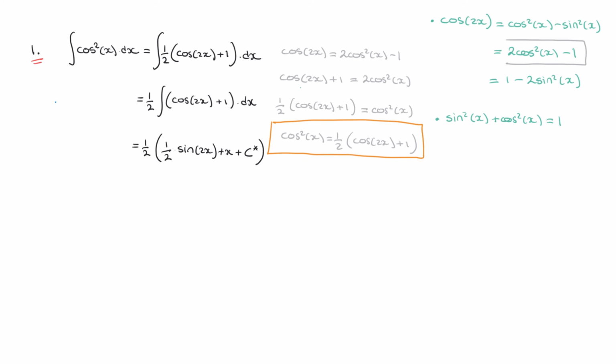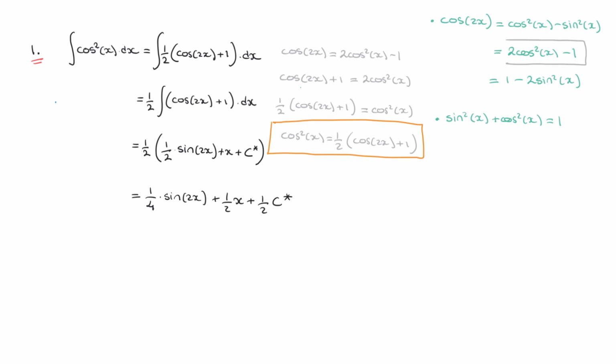All I have to do now is distribute this half onto each of the three terms that we have inside here. And so we have 1/2 times 1/2 of sine of 2x, so that becomes 1/4 of sine of 2x, plus 1/2 times x plus 1/2 times c star. So that's 1/2 of x plus 1/2 of c star.